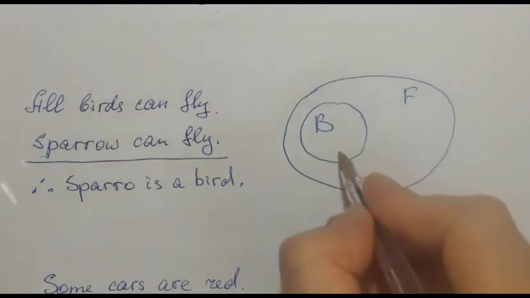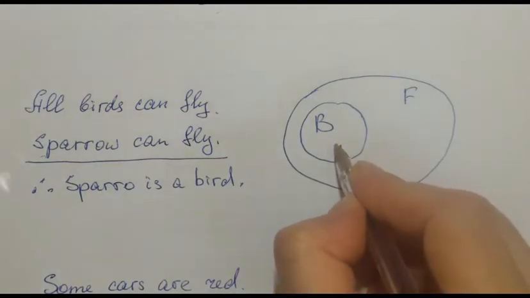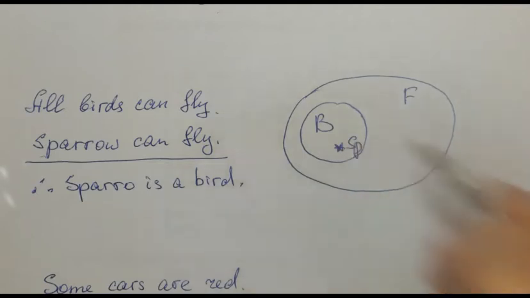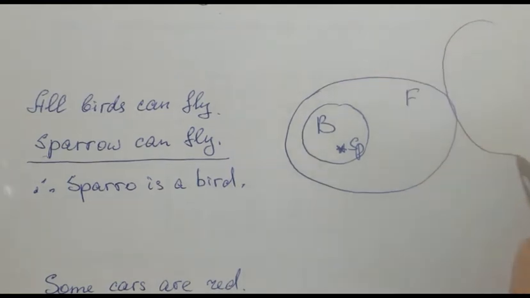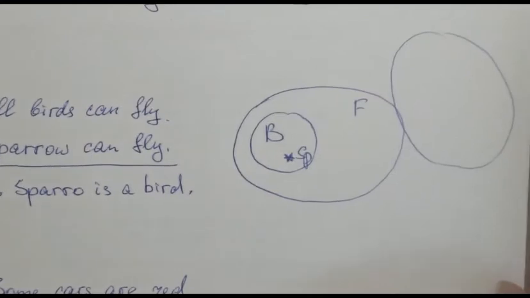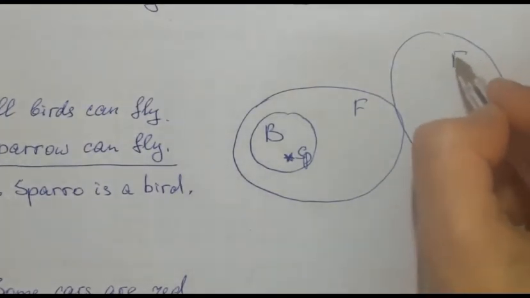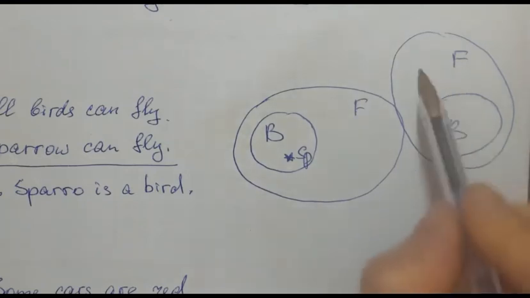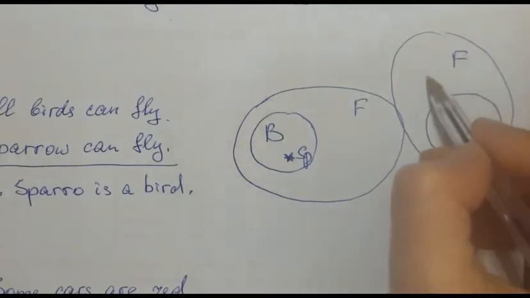So we can put sparrow in this part of the circle flying things, or let us take another picture here. Birds are inside flying things, but sparrow can be situated here.